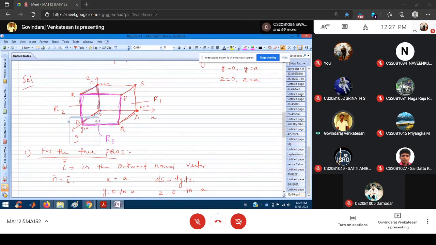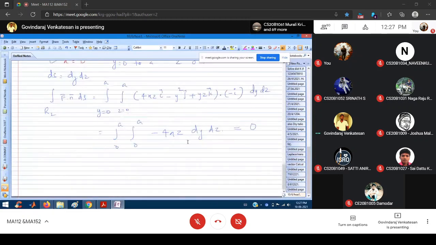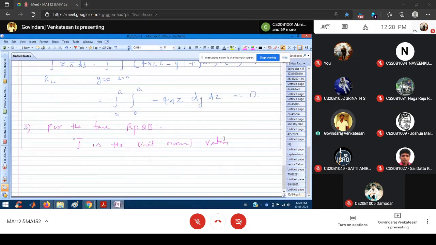Are you able to understand how to choose the normal vector? Yes, sir. Okay. So now I am in this face 3, for the face RPQB. So j cap is the unit normal vector. And what is the value of y?